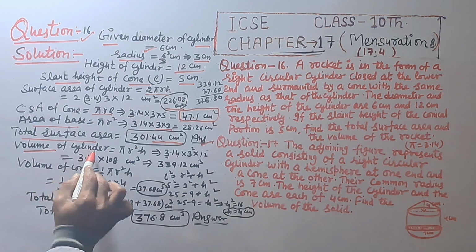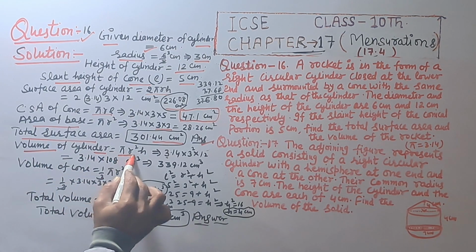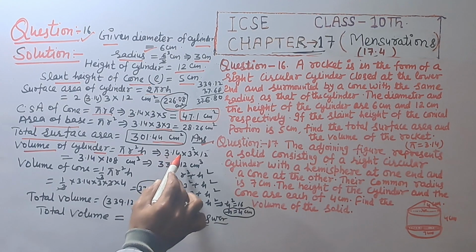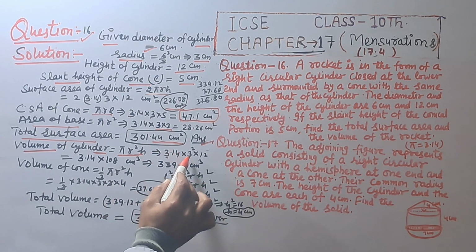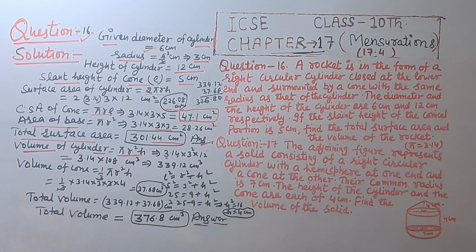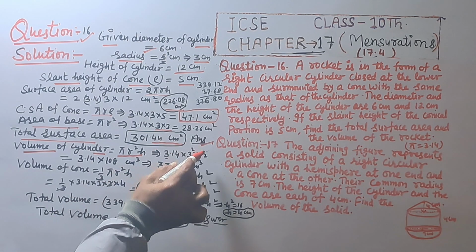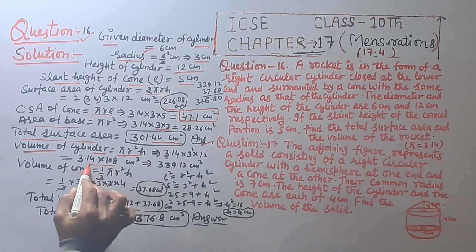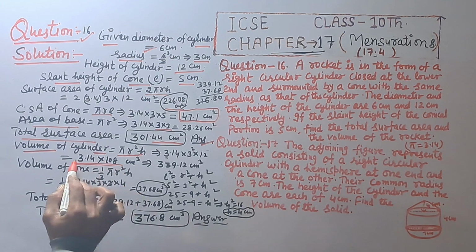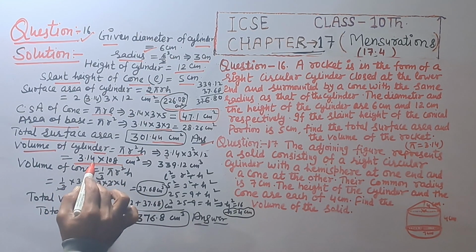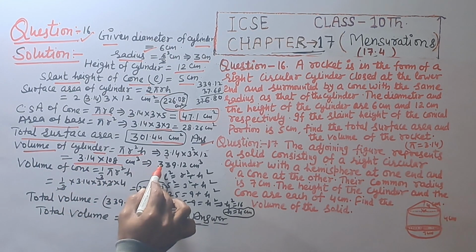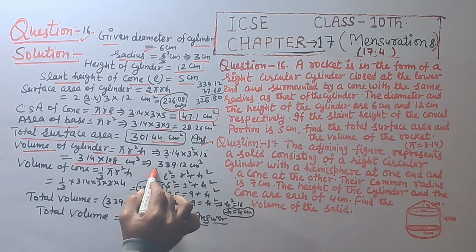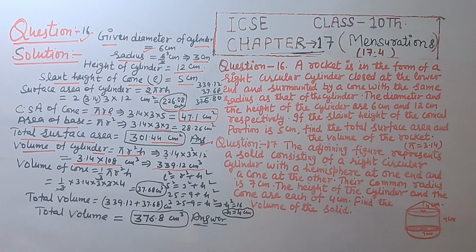And volume of cylinder is equal to pi r square h. Pi is 3.14, radius is 3, that is 3 square, into height is 12. 3 3s are 9, 12 9s are 108, and 108 multiplied by 3.14, then we get 339.12 centimeter cube. It's volume of cylinder.